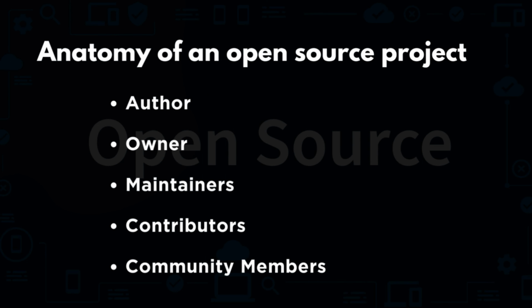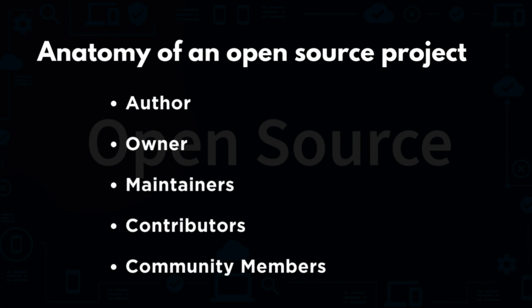Then we have maintainers, contributors who are responsible for driving the vision and managing the organizational aspects of the project. Then we have the contributors, everyone who can contribute something back to the project, like everyone. And then we have the community members, people who use the project. They might be active in the conversation or express their opinion on the project direction.